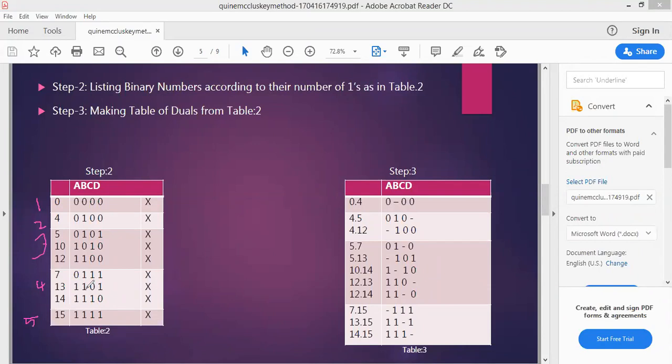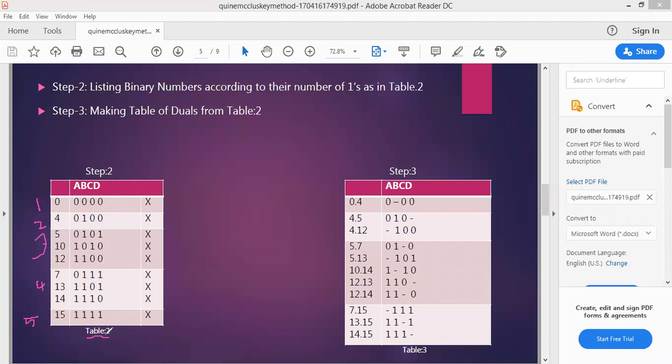In the fifth group, 15 is grouped, with 4 ones. This is the second table, step 2, listing binary numbers according to their number of ones.